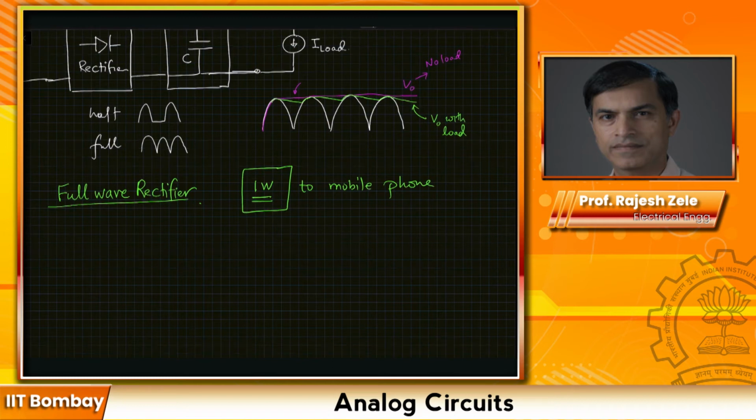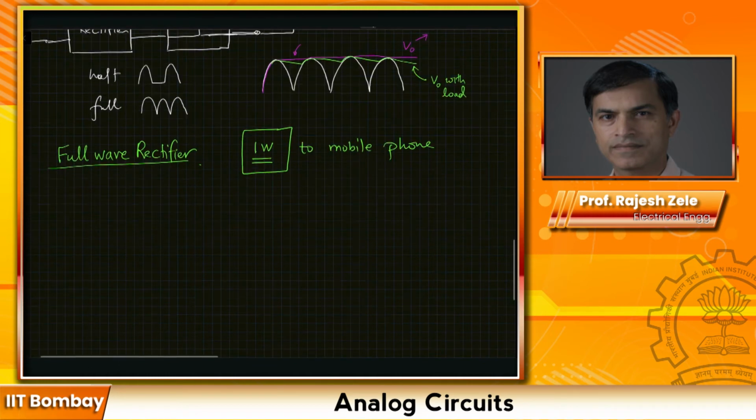And nowadays we are not at all patient with getting our phones charged. We would like them to be charged quickly. The charger has to provide a lot higher power, and typical numbers you will see are something like 12 watt or 15 watt. Okay. Now coming back to our example, we would like to deliver 1 watt to a mobile phone with V0 equal to 5 volts.